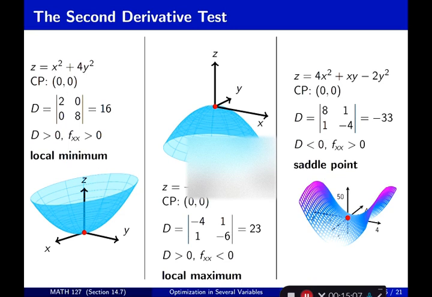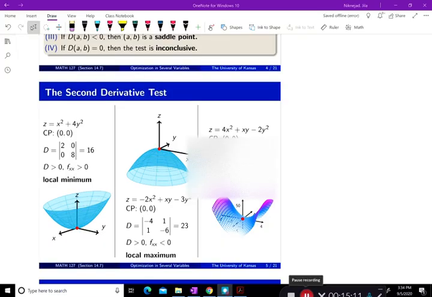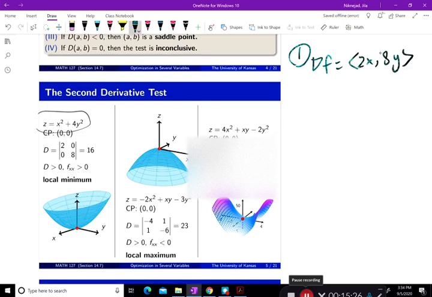If I find the gradient for this one, the gradient of f is going to be (2x, 8y). Setting 2x equal to 0 and 8y equal to 0 gives me the point (0, 0). So x equal to 0 and y equal to 0 is a critical point.